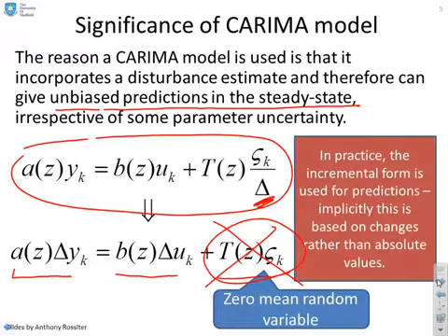Okay, so this incremental form basically means that we can get unbiased predictions in the steady state. But what it means is we're basing our predictions on increments. You can see here I've got delta y and delta u as opposed to absolute values.